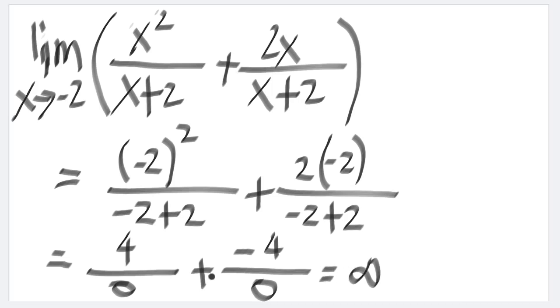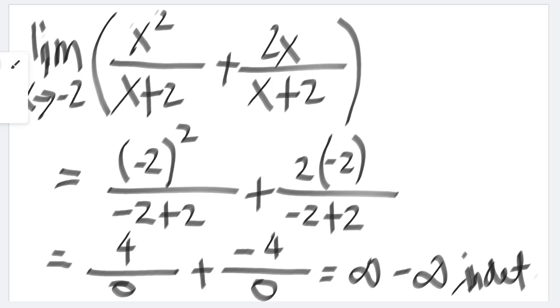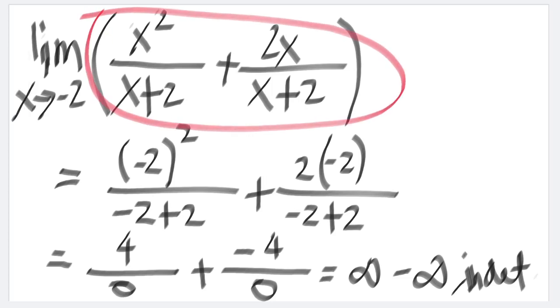Of course, this is minus because positive times negative. So minus 4 over 0 is still infinity. And this is indeterminate. So because that is indeterminate, we will now again employ another method by transforming this function into another function using combining fractions.